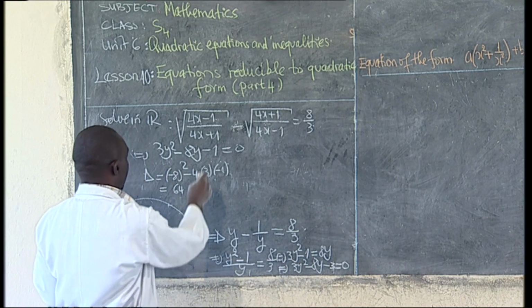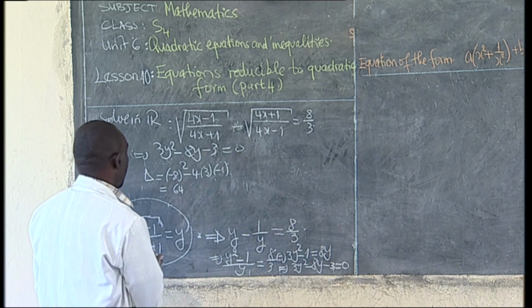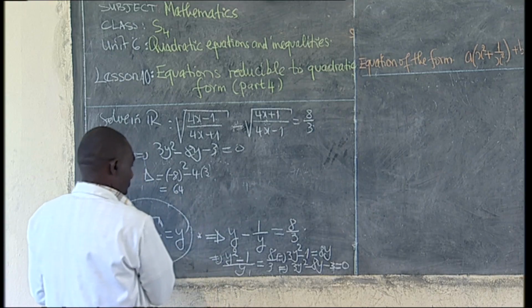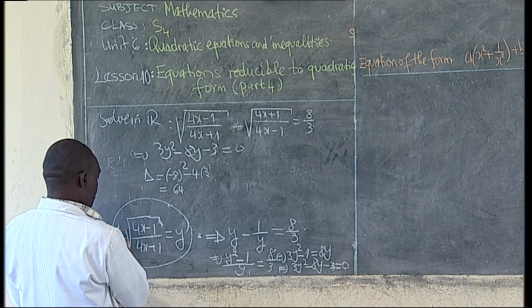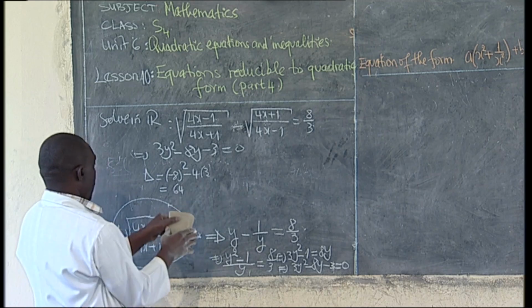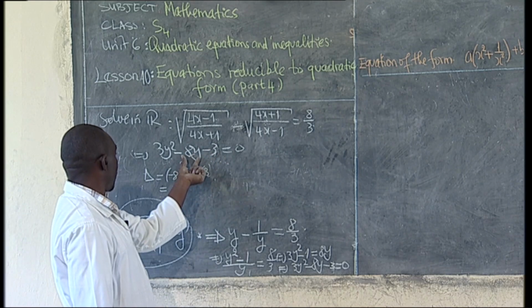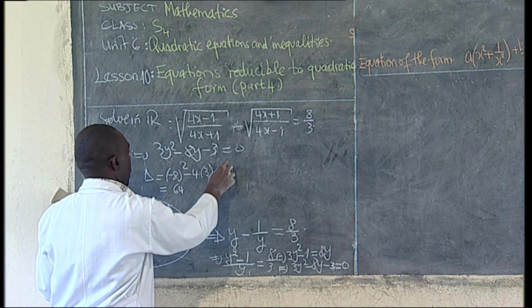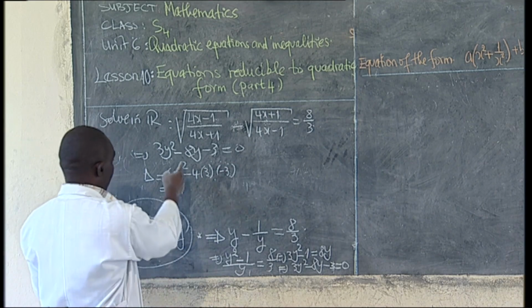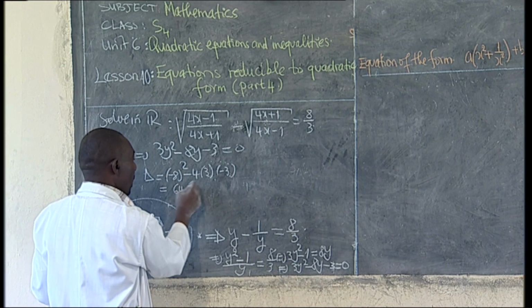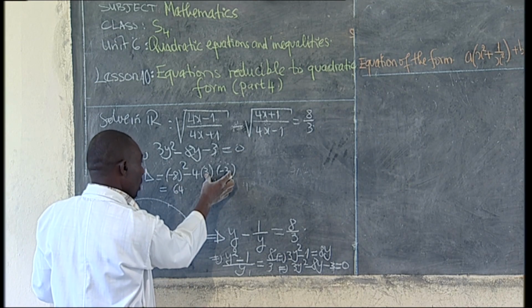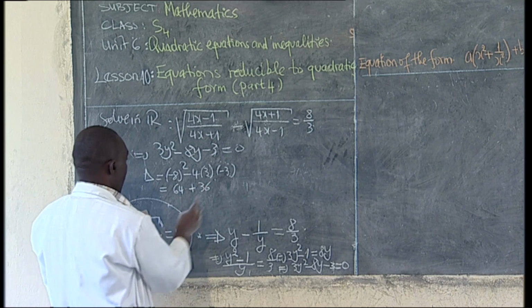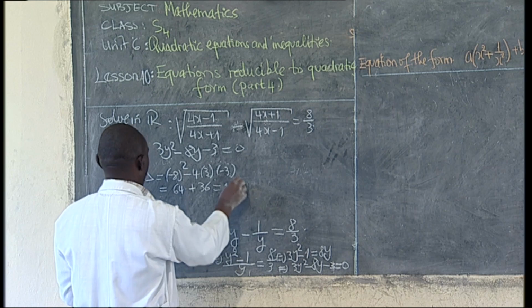All right, so this is negative 3. So it means that I have minus 8 squared minus 4 times 3 times negative 3. This is 64 minus, this is 9, it will be plus 36, and I get 100.